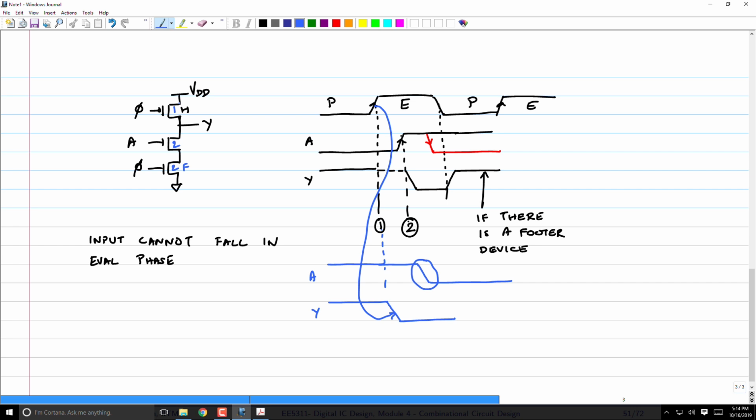So now first question before we even go ahead and evaluate logical effort. What is the pull-up logical effort of the circuit? It's an irrelevant question because in the pre-charge phase the output has been pulled high already.